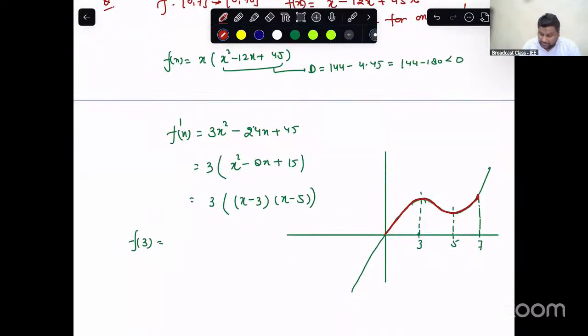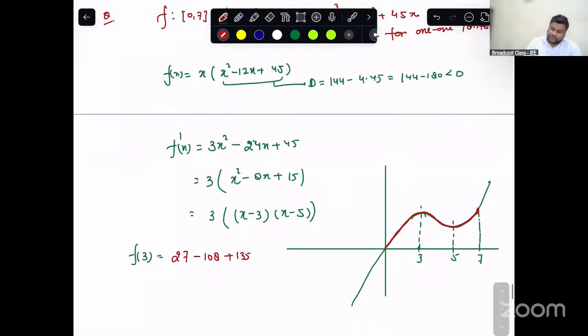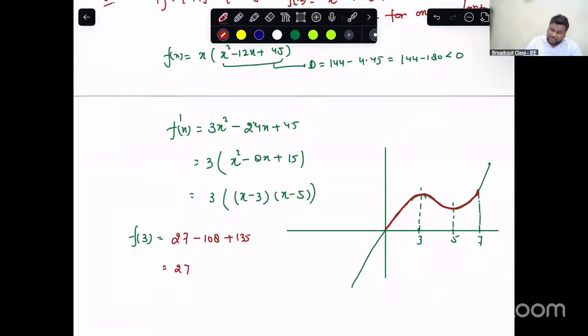f of 3 will be 27 minus 108 plus 135. So it is 27 plus 27, that is 54. So this value is 54.